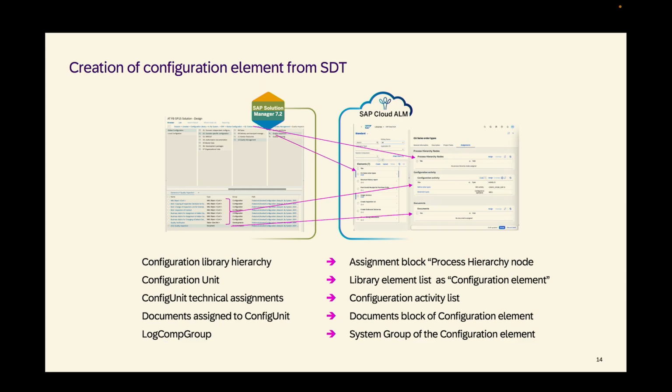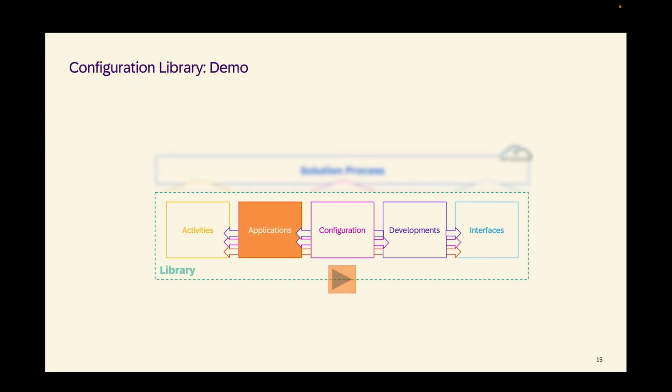The configuration unit will get configuration. The assignment of the configuration unit, in this case IMG activities, will be assigned to the configuration activity. And finally, the document will get assigned to the appropriate area in the assignment of the configuration. And if you understood this, then you will love what Axel will show you right now.